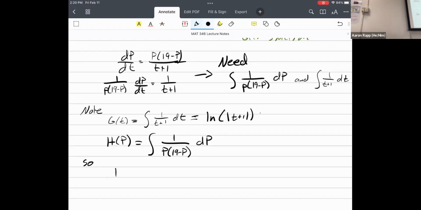So I need to figure out how I can rewrite this 1 over P times 19 minus P as something over P plus another something over 19 minus P. Because if I can figure out what A and B are and then break up that fraction, it's going to be two easy integrations.